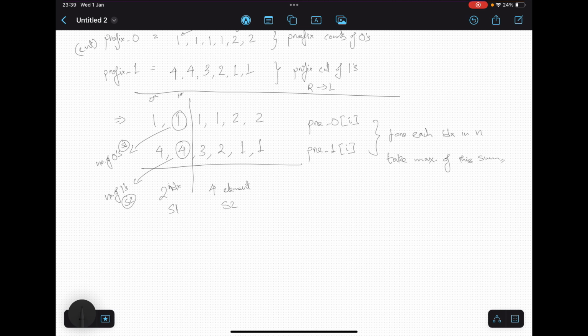This would give us the maximum possible score for zeros in the left substring and ones in the right substring.